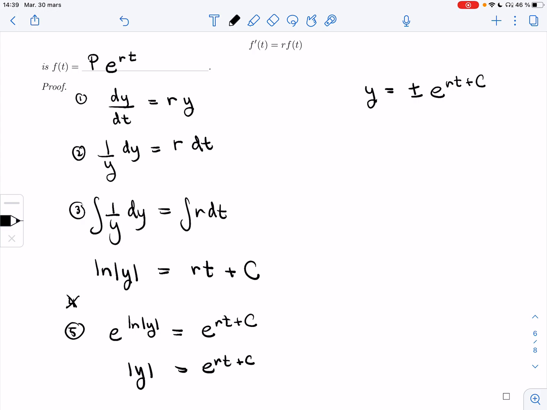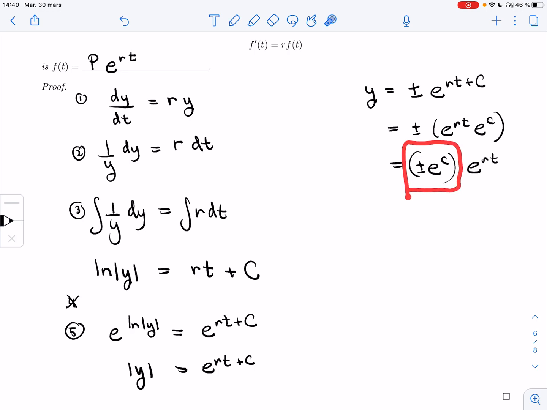This is not bad, but it doesn't quite look like what I want. I have e to the rt plus c, which I don't really want. So I'll write this as e to the rt times e to the c. Then I'm going to have some constant here, plus or minus e to the c.